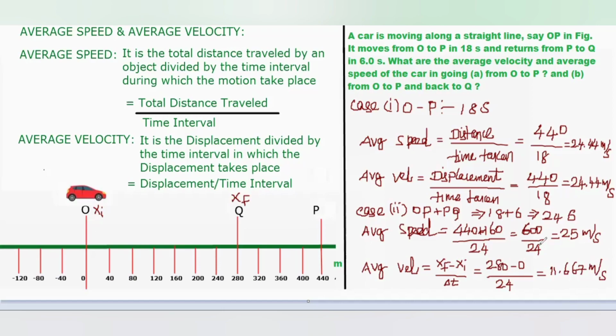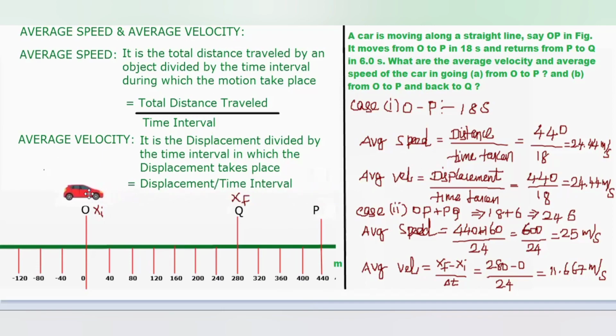As in the previous topic, what we had discussed in displacement and distance, here also, in case 1, when the object is moving from O to P, both values are the same. That means average speed equals average velocity.